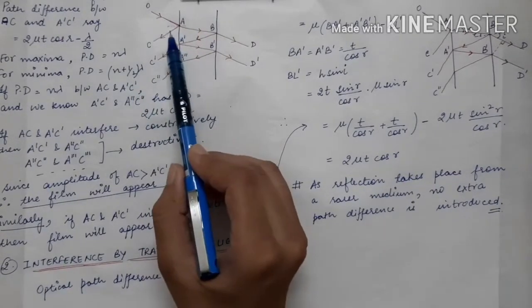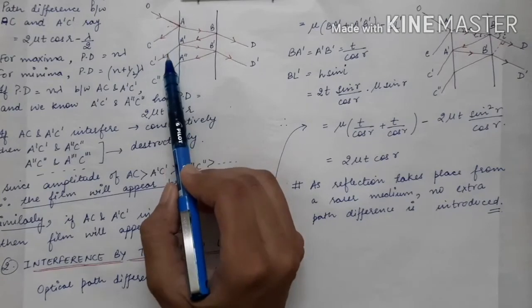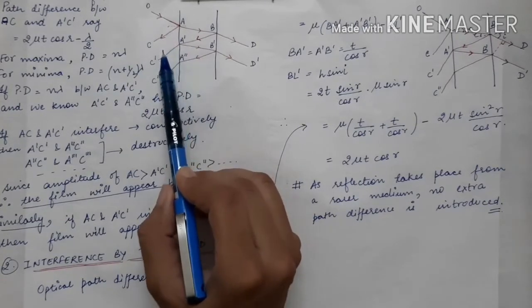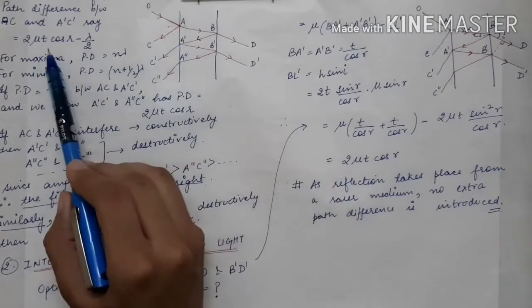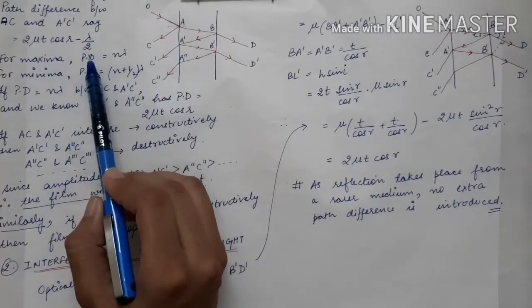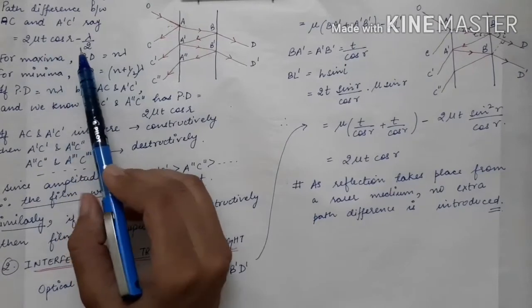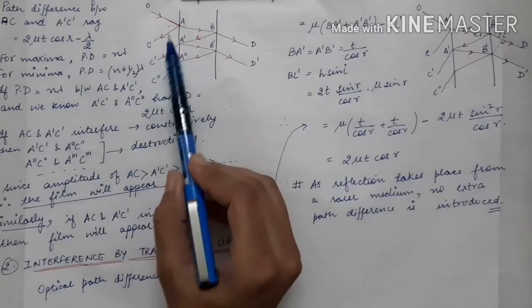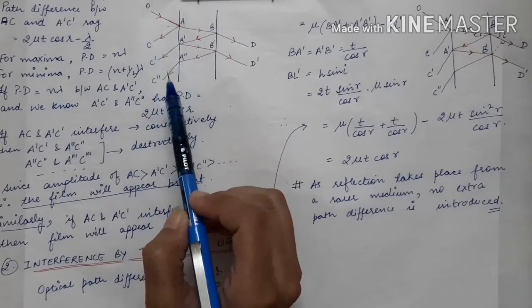So we found the first two reflected rays from the thin film had a path difference of 2 mu t cos r minus lambda by 2. So this is the path difference between the first two reflected rays.